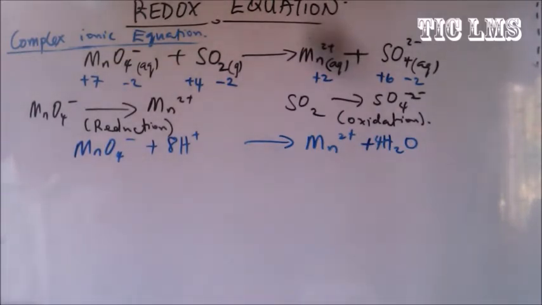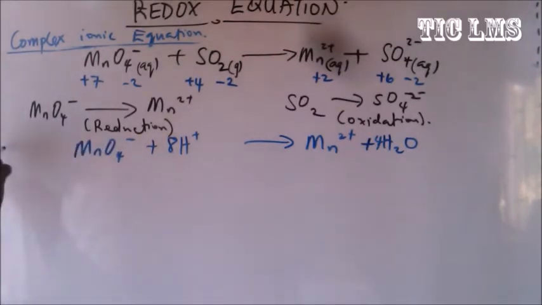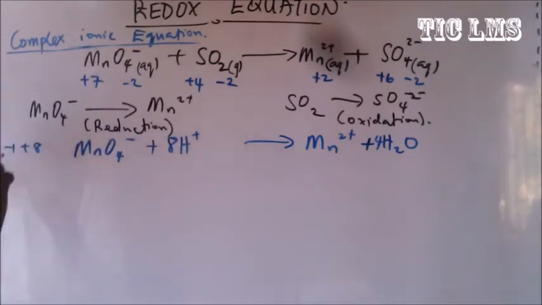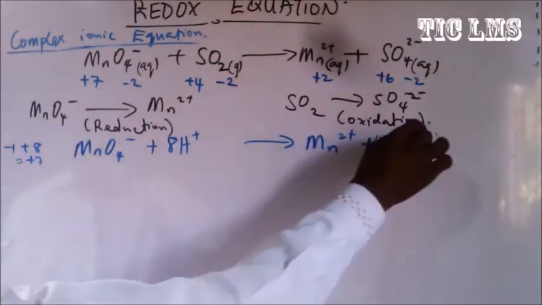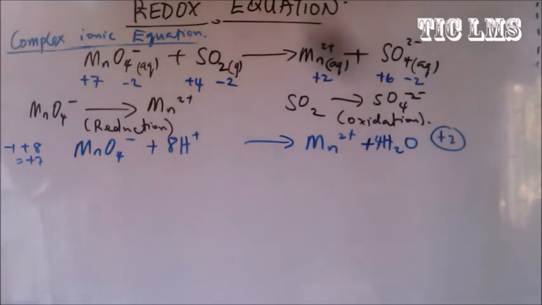To balance the electron on this side, we have -1 on this radical, and then we have +8 over here, which gives us +7. And here we have +5 as the entire ion that we have. To have equal number of ions, what we could do is to add 5 electrons on the reactant side.